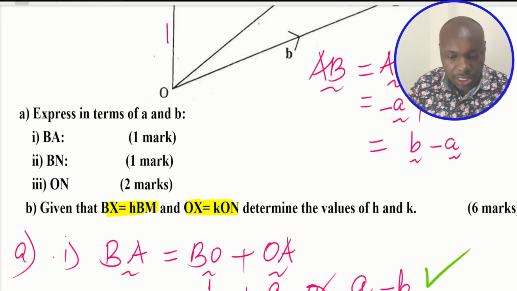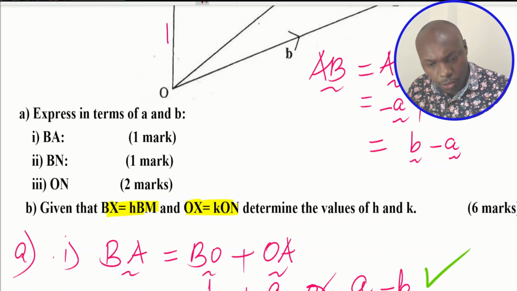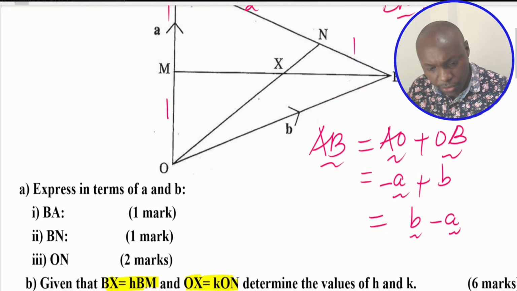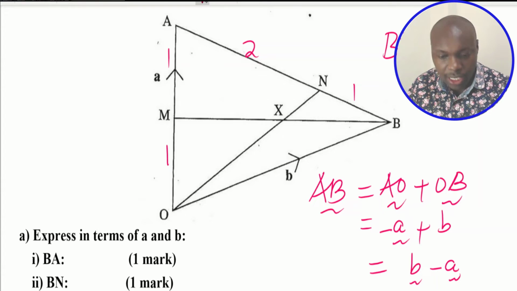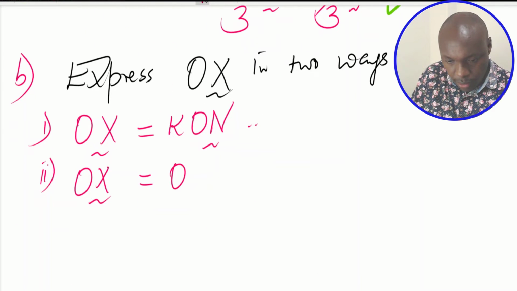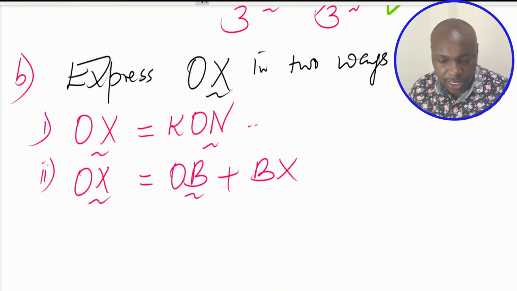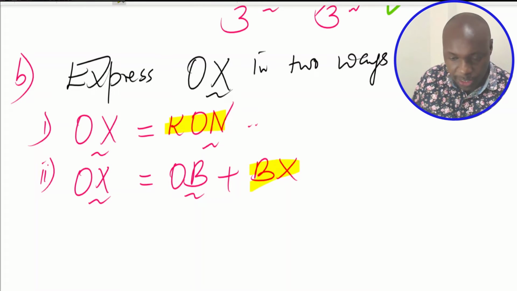So which route are we going to follow? We can move from O to B, then B to X, so we have used BX. So OB plus BX. Now you can see we have expressed that and ensured that we have used BX.